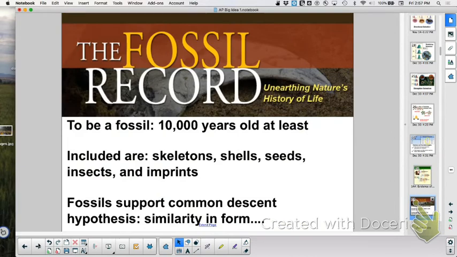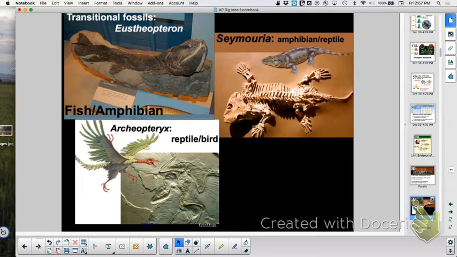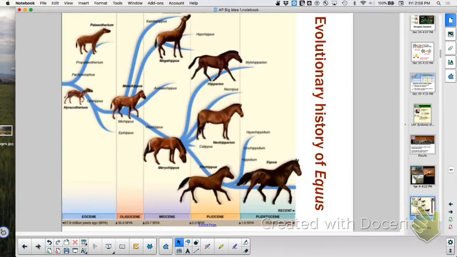So fossil record, we've already mentioned fossils. I wanted to point out there are transitional fossils once again, because we would say from a fish would evolve amphibians, from amphibians you would evolve reptiles, and from reptiles you would evolve mammals, right? From therapsids. You can look at the evolutionary history of the horse.